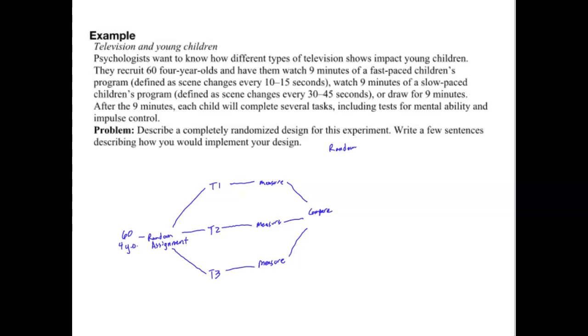So the first one being random assignment. The easiest way to do random assignment is not going to be using a random number generator. In our text, they suggest using the hat method just because it's easiest to describe.